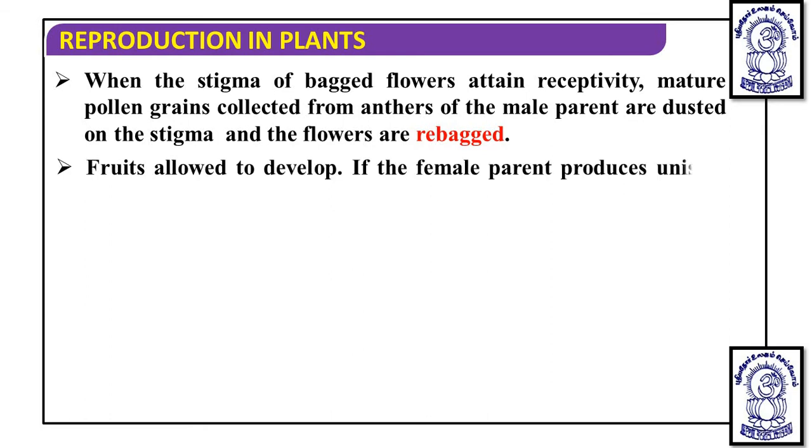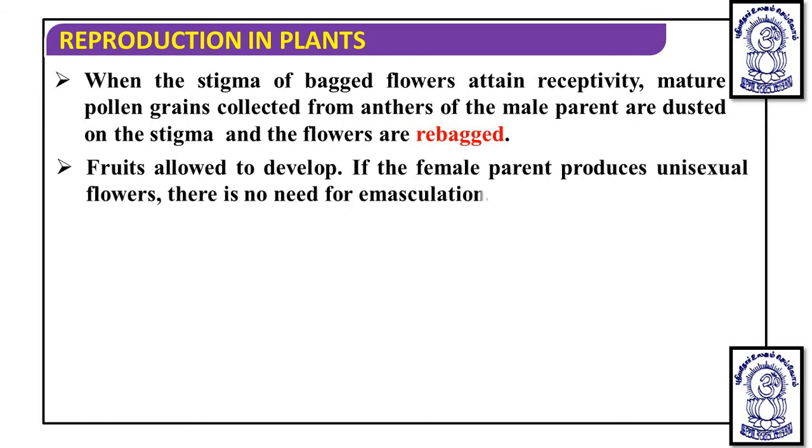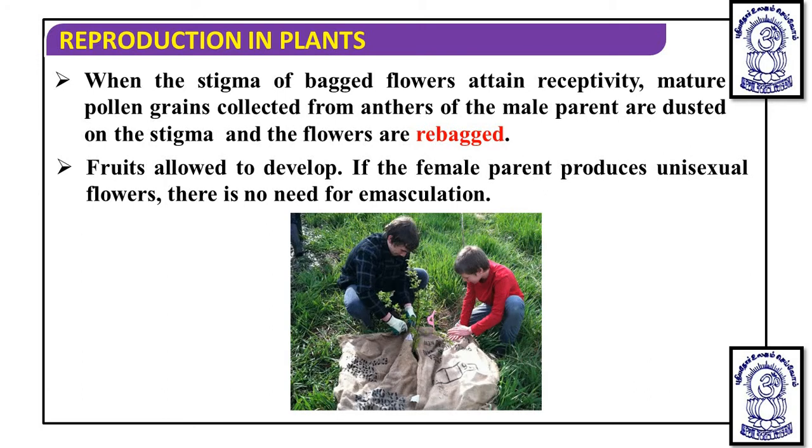After rebagging, fertilization will happen. Later on, embryos will develop and fruits will be allowed to develop. If the female parent produces a unisexual flower, then we have to be cautious that there is no need of emasculation. Okay, so this is the thing.